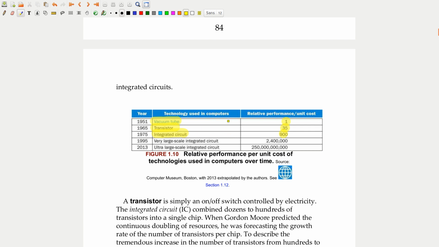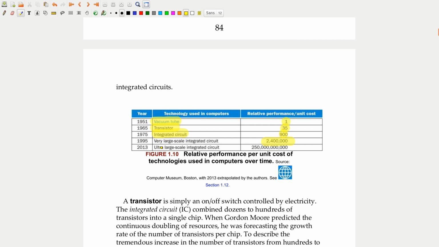When people talk about VLSI, they mean chip design. In 1995, that's kind of the advent of more VLSI-type work, and we're at 2.4 million times as fast as a vacuum tube. This is like measuring horsepower for the space shuttle; it's not a very good unit at that point. So the vacuum tube's not a good baseline anymore.